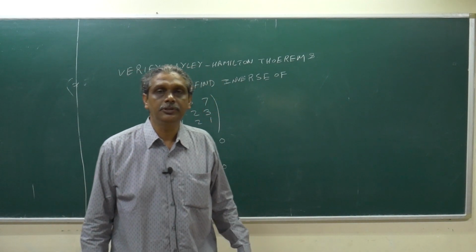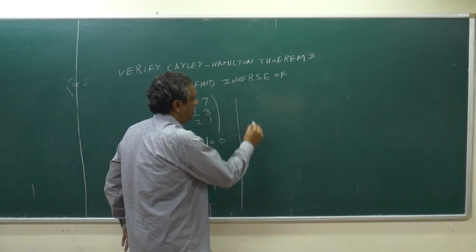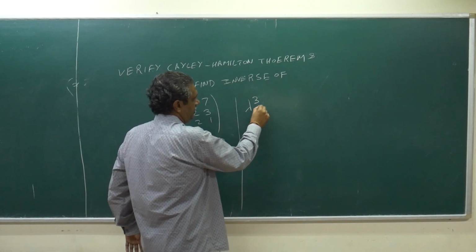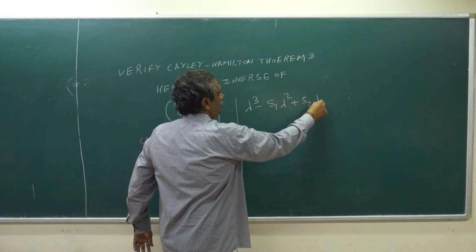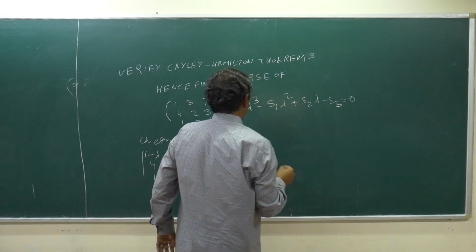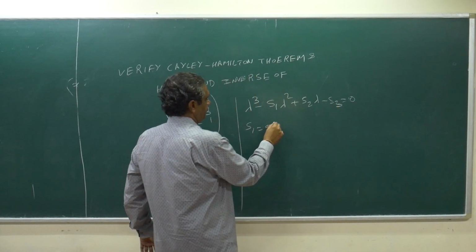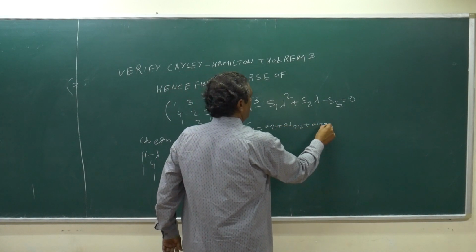So slowly I will go for the formula. This is how I will write the third degree eigenvalue equation: lambda cube minus s1 lambda square plus s2 lambda minus s3 is equal to 0, where s1 is equal to A11 plus A22 plus A33.